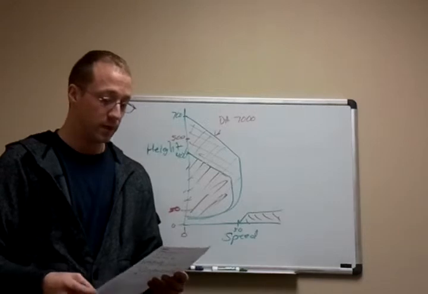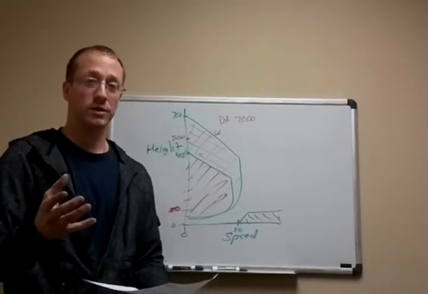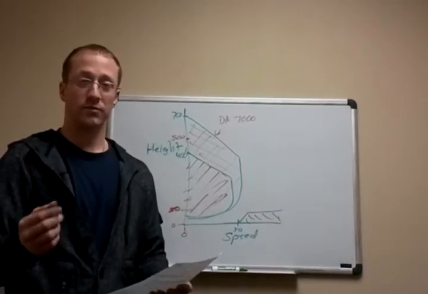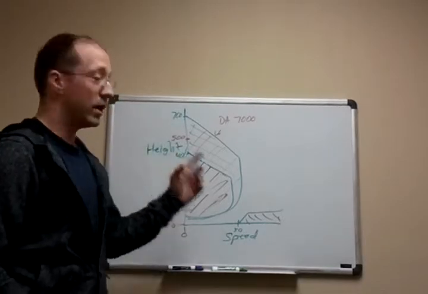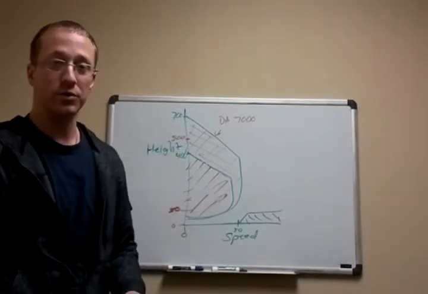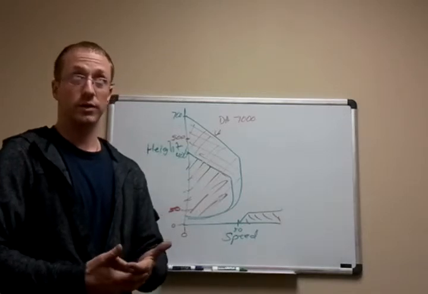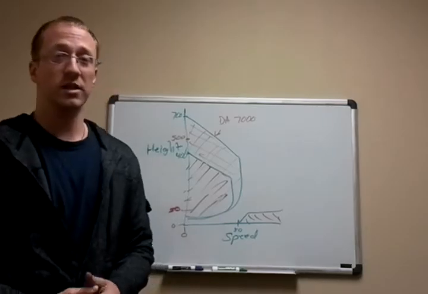You have your manifold pressure gauges to find out what your manifold pressure is for required tasks. You have your V&E speed placards to find out what your V&E is, and your HV diagram to figure out what is a safe area to make an autorotation at your given height and speed. So that concludes today's lesson.